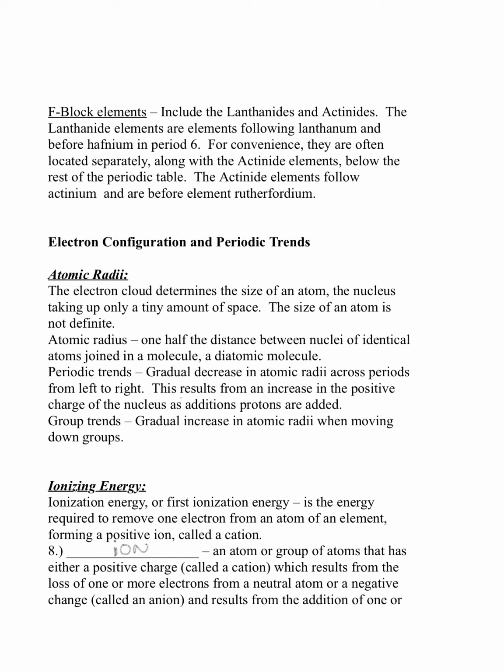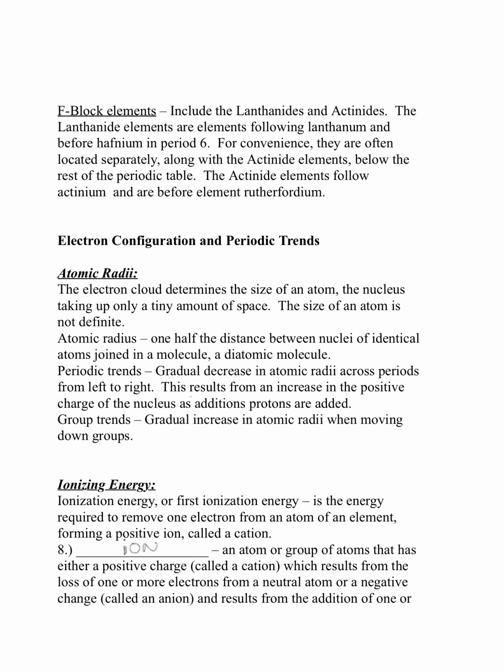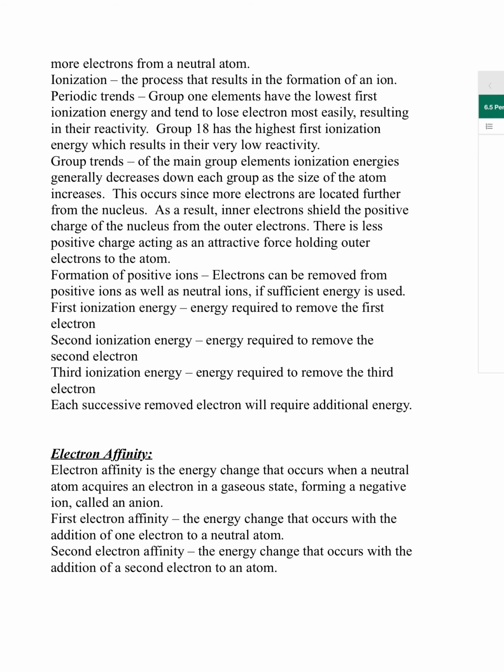If it has a positive charge, it's called a cation, which results from the loss of one or more electrons from a neutral atom, or a negative charge called an anion, which results from the addition of one or more electrons to a neutral atom. Ionization is the process that results in the formation of an ion.